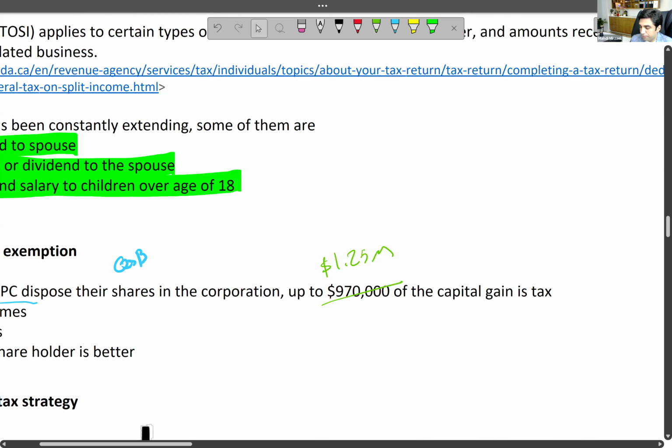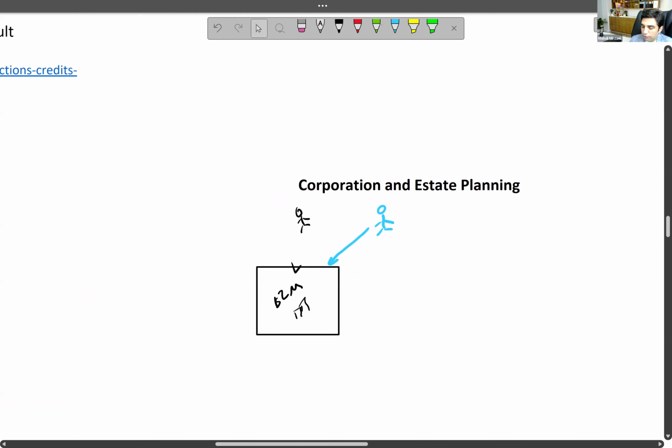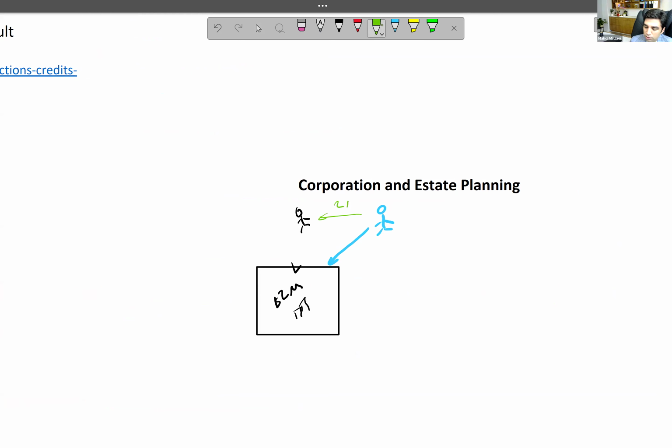So, for example, you have $2 million as the value of the company. You sell your shares and this guy pays you $2 million. This money that you get is called proceeds of disposition, POD. So a POD for this transaction is $2 million.